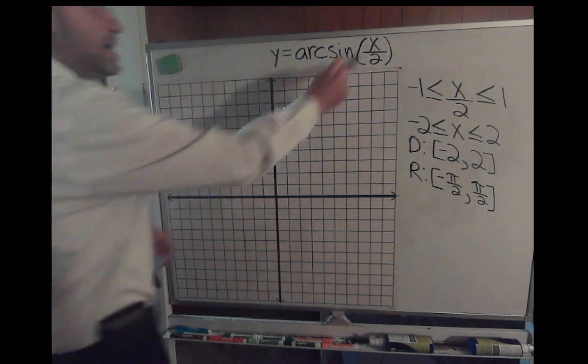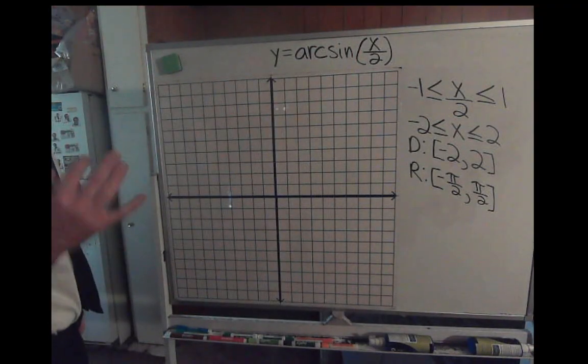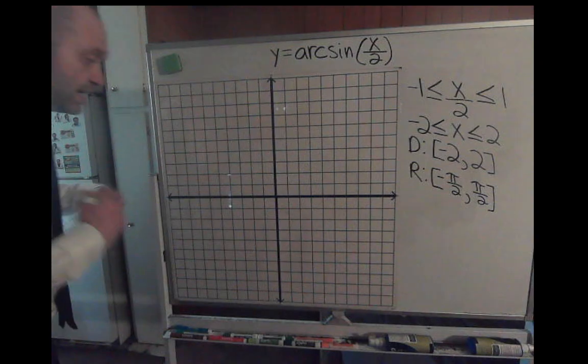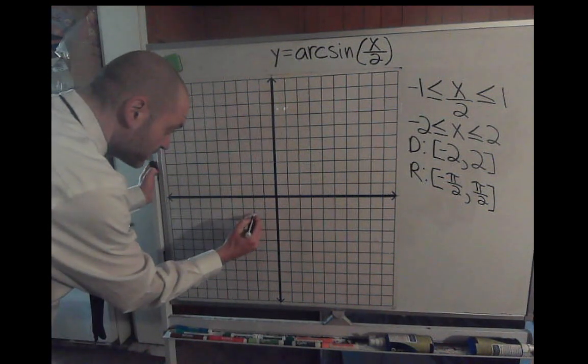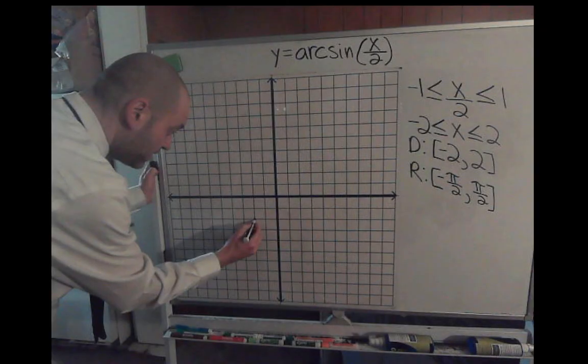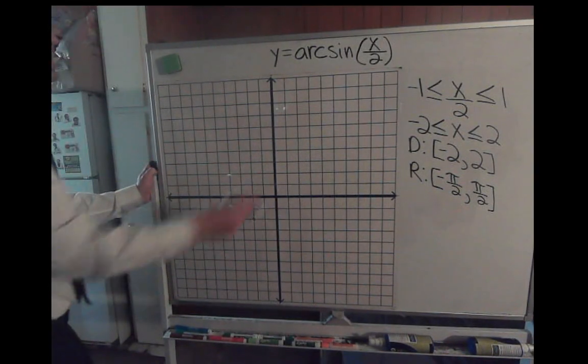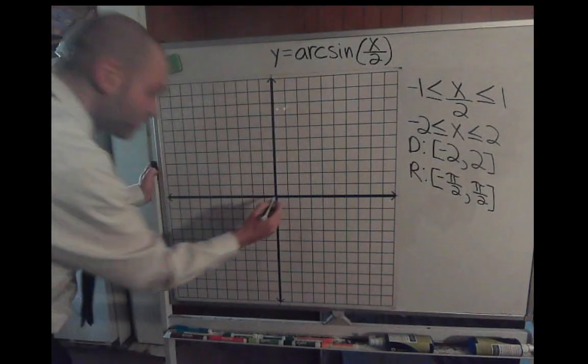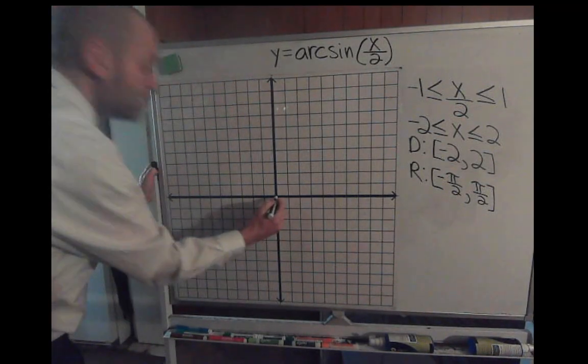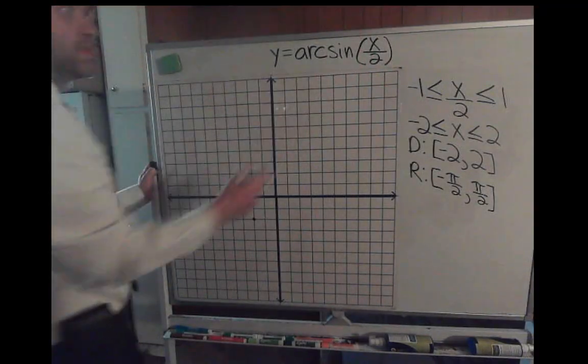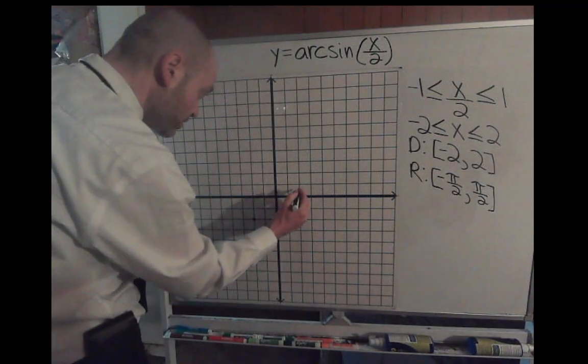If I put in -2 for x, I would get the arc sine of -1, which would put me at -pi over 2 down here. Now if I put in 0, I would get the arc sine of 0, which is still 0. Then if I put in 2, I would get the arc sine of 1, which is actually pi over 2.